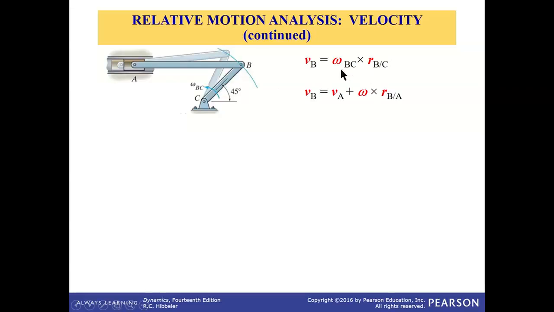So we know this information as well. And it's also easy to calculate or measure the sliding speed of A. So we have this information known as well. So the only unknown, when we equate this equation with the bottom equation, is the angular velocity of link AB, and by equating these two we can determine the angular velocity of link AB.